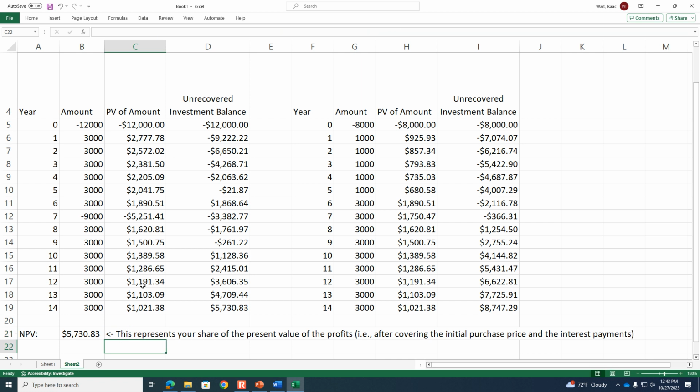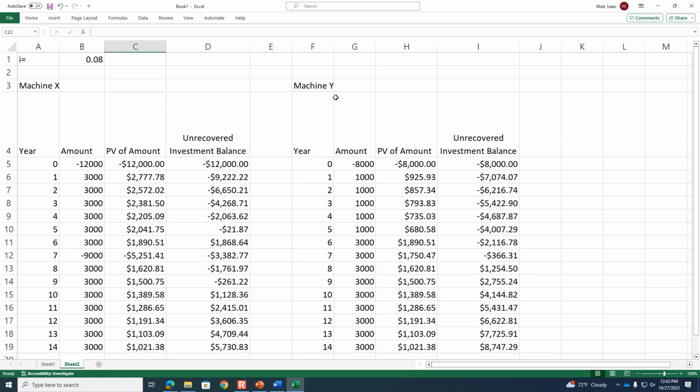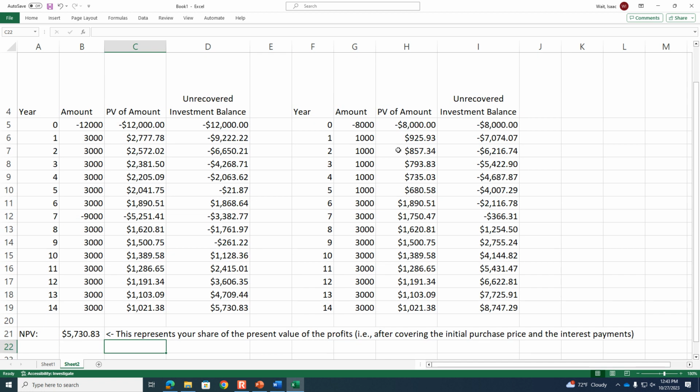So we could do the same thing with machine Y. We could do the NPV function on machine Y. So let's do that down here below the statement. NPV. So the interest rate 0.08. The amounts are only those amounts that aren't already at the present.